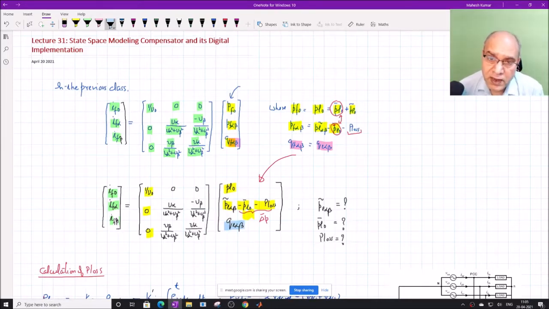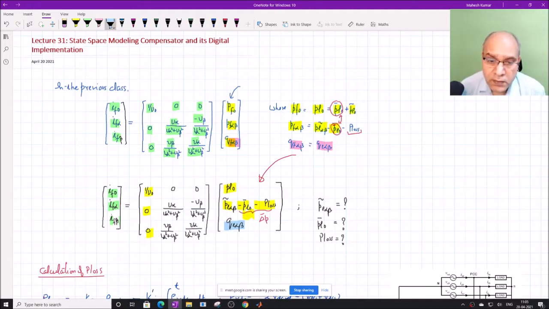So the compensator powers are substituted in the form of the load power components which need to be compensated, and the rest of the powers come from the source, such that the source currents are in phase with the respective voltages and are perfectly balanced and sinusoidal.